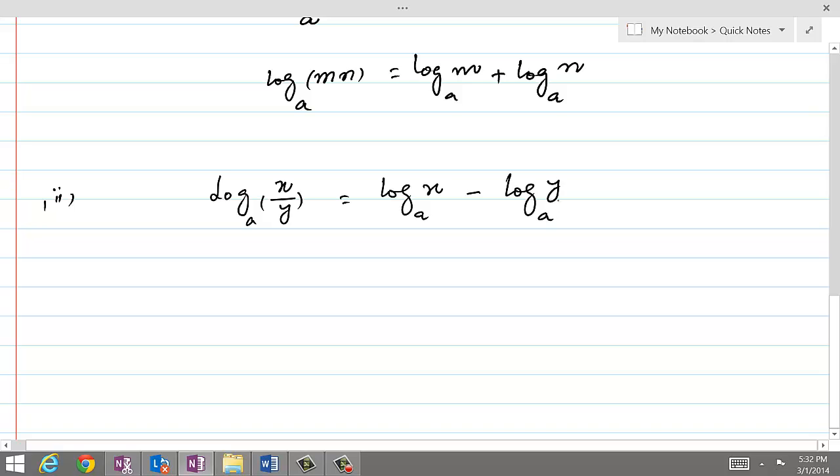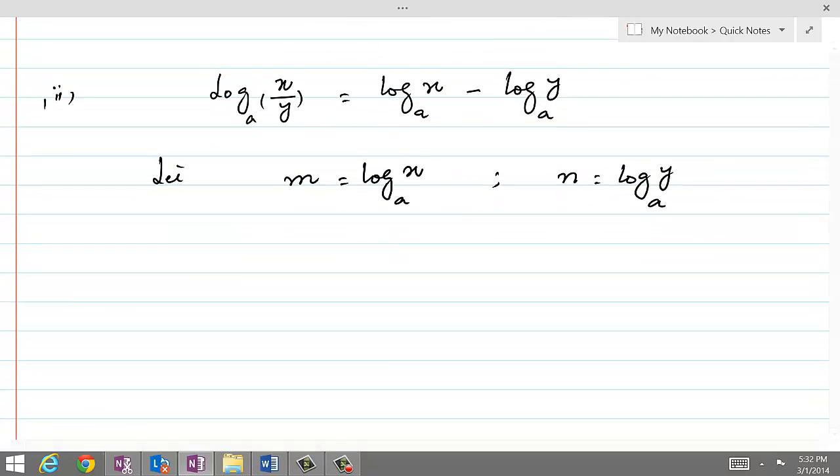It means that the logarithm of the quotient of two numbers is in fact equal to the difference of the logs. In order to prove this, we will use the same procedure. Let m equal to log of x base a and choose another variable n equal to log of y base a.